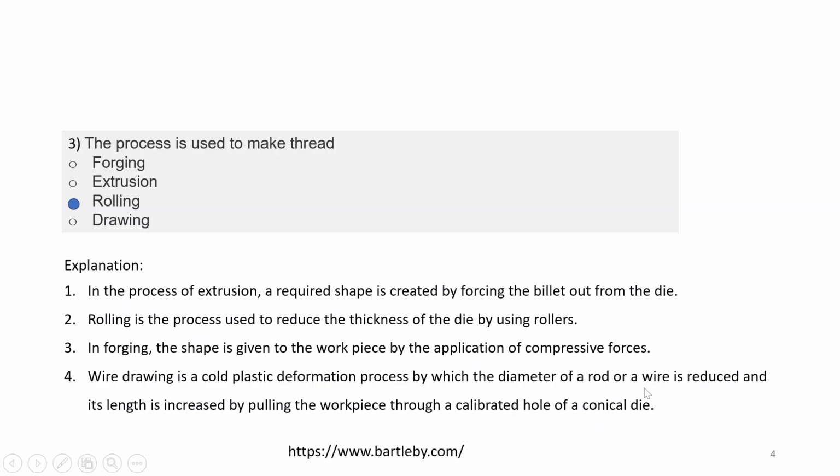Your die will be conical in shape, so you pass your wire through the smaller end. Your wire keeps decreasing in diameter subsequently, because you can't reduce it in one go, otherwise your wire will break. So you have to do it in multiple passes.